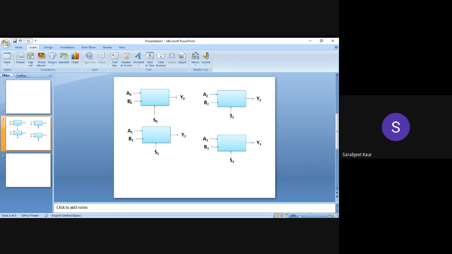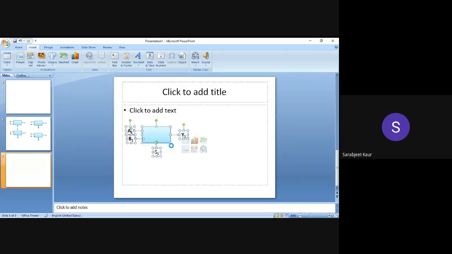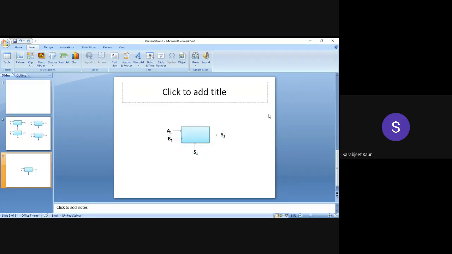Now what we have done is we've taken these first inputs of all the muxes and put them together like this.